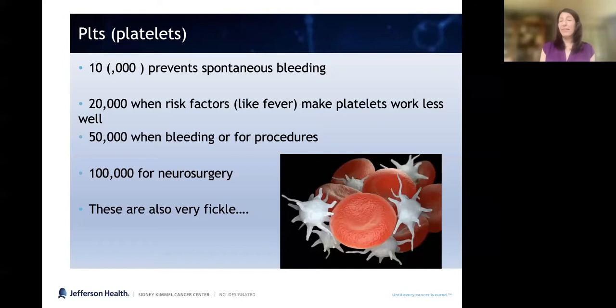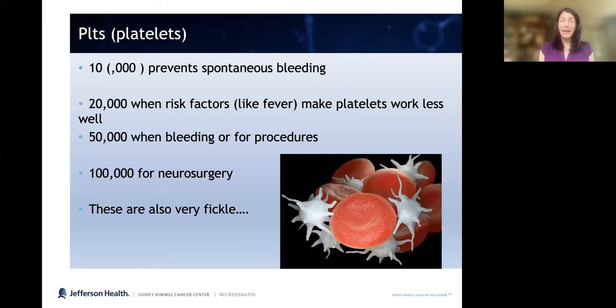When people have risk factors like a fever that makes the platelets work not quite as well, most of us use 20,000, although I will tell you that the data for that is not nearly as strong as the data for a 10,000 platelet cutoff. When a patient is bleeding or needs a procedure, 50,000 platelets is considered the sort of safe cutoff.